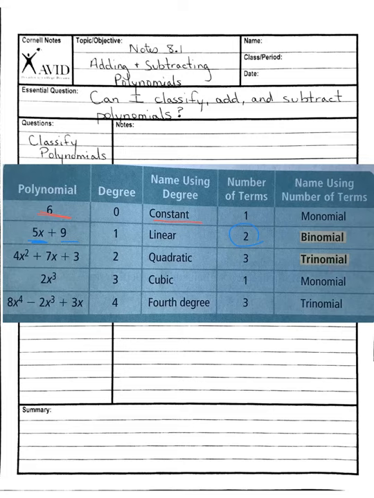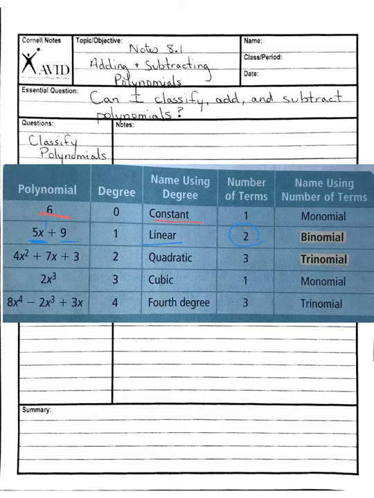And the degree is 1. How we get the degree is we look at the letter and the exponent of the letter. This letter doesn't have an exponent written, which means it's automatically to the power of 1. And this is linear, like when you learned your linear slope-intercept form, straight line equations. This is an example of a linear model.